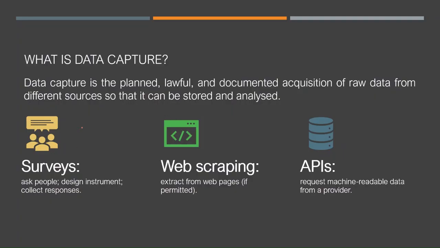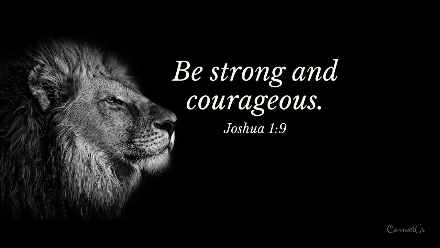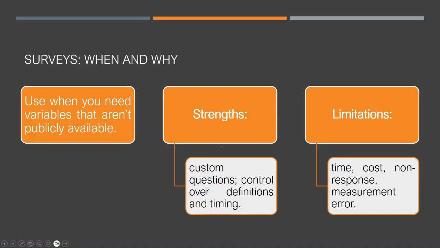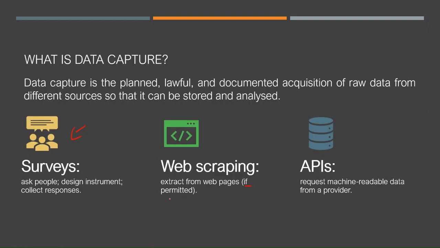We can capture data through surveys. We can capture data through web scraping. Now, we will talk about the different aspects of web scraping later, because there is something important here, which is if permitted. And then we will also be talking about APIs. These are different ways that you can capture data.